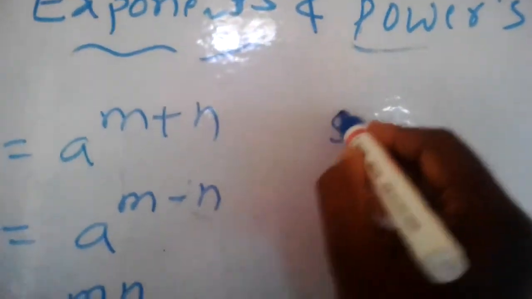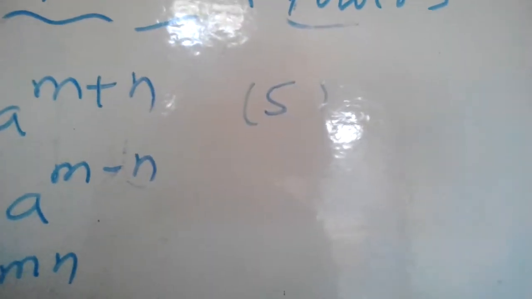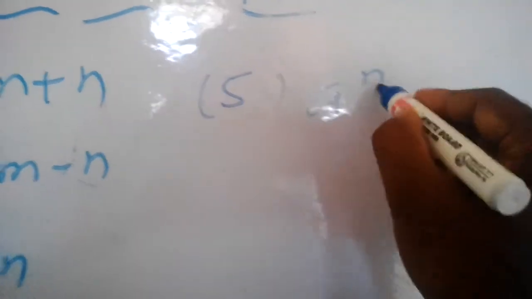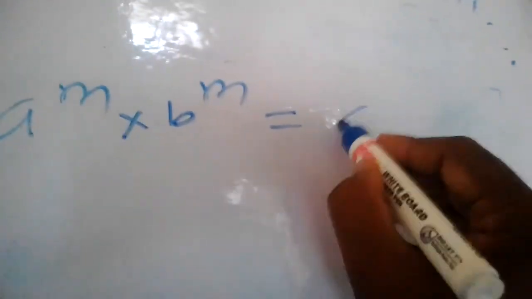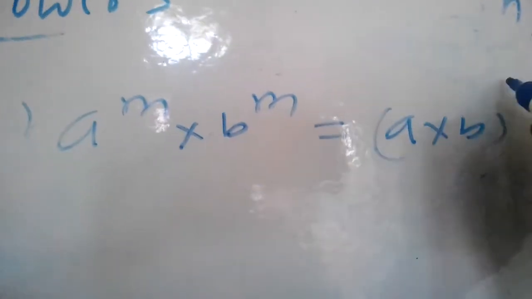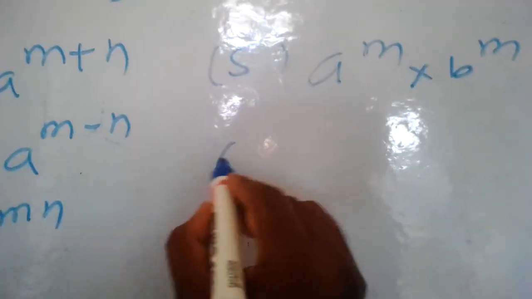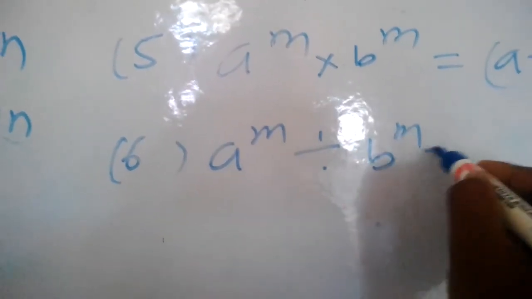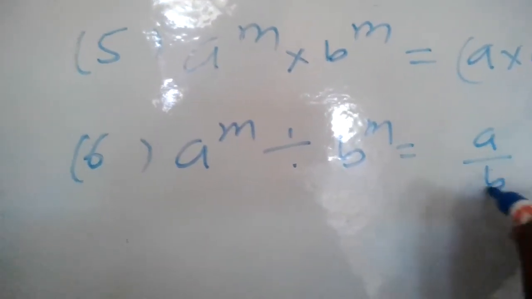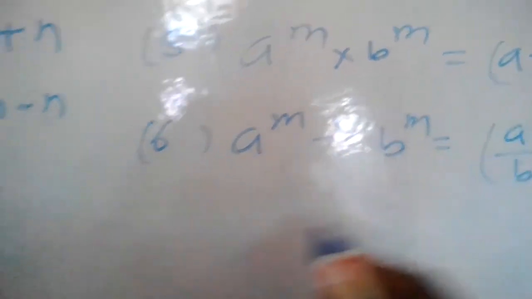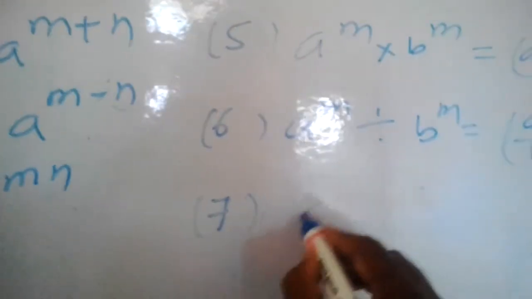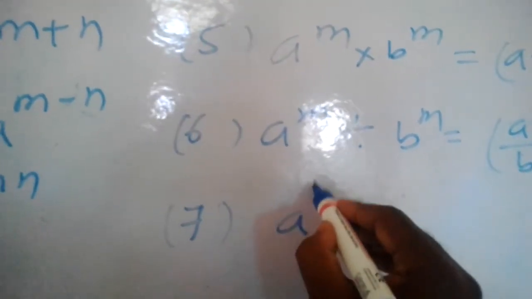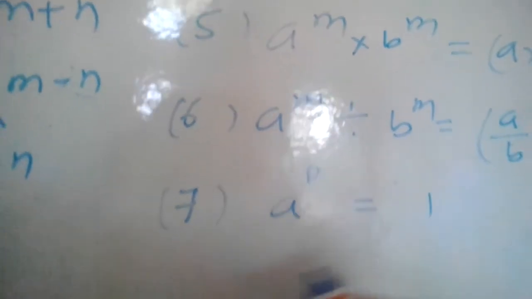Next, fifth rule, a raised to m into b raised to m is equal to a into b raised to m. Sixth rule, a raised to m divided by b raised to m, that is equal to a by b raised to m. Seventh rule, any base raised to 0 is always 1.